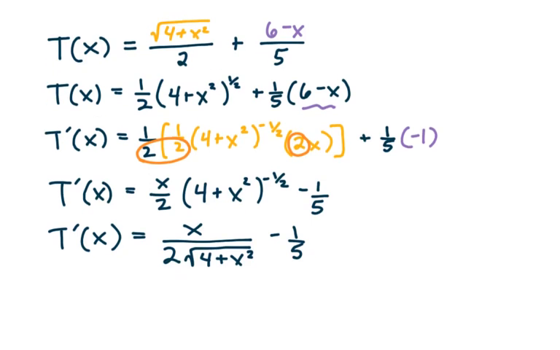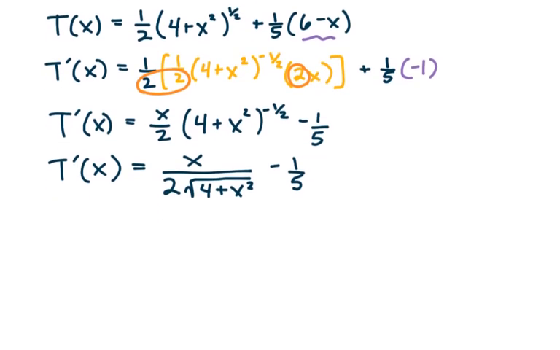And in order to maximize or minimize a problem, we want to solve that derivative equal to 0. So if I set this equal to 0, I have x divided by 2 times the square root of 4 plus x squared minus 1/5. I'm going to add that 1/5 to the other side of my equation, and I'm going to save a little space.